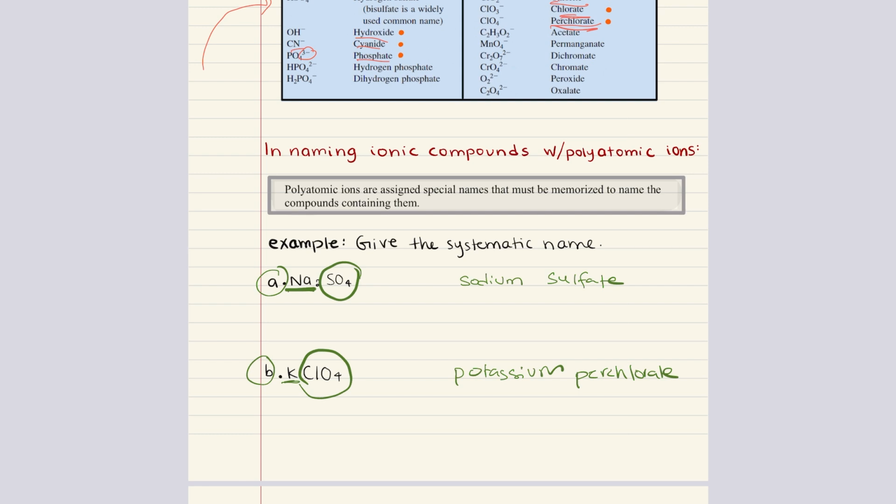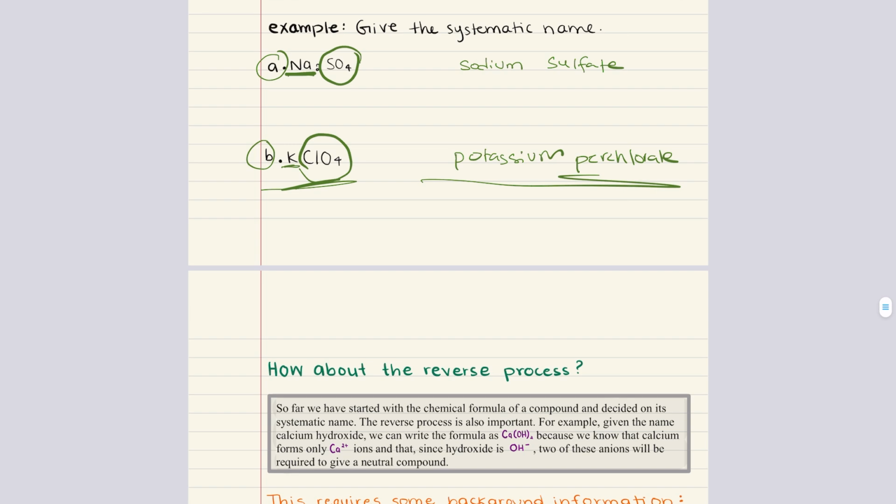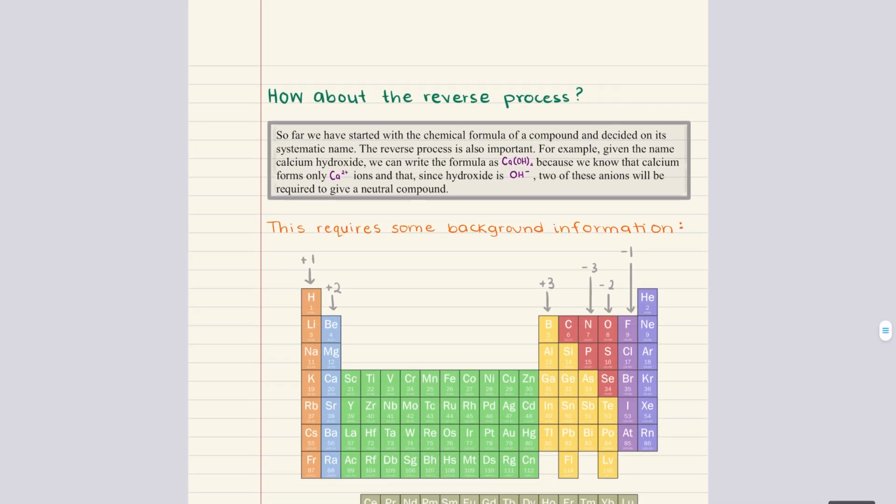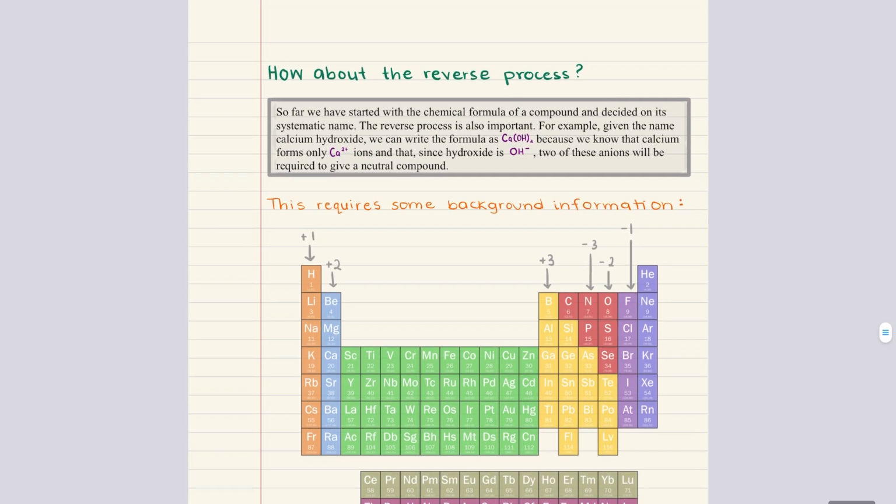Now, so far, we've been working in one direction. We're taking a chemical formula and determining its name. But what if we're given the name of a compound and we need to figure out its chemical formula? The reverse process is just as important because it allows us to predict the correct ratios of ions in a compound based on their charges.